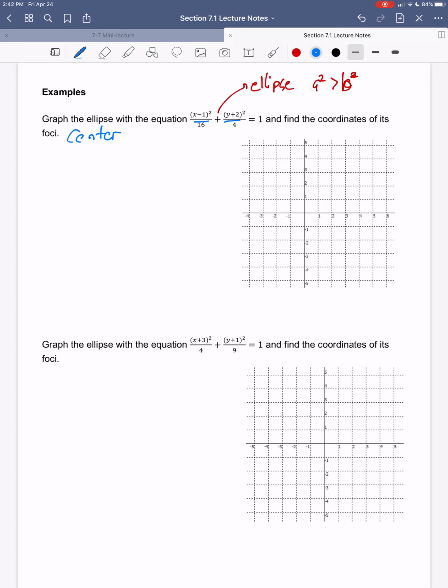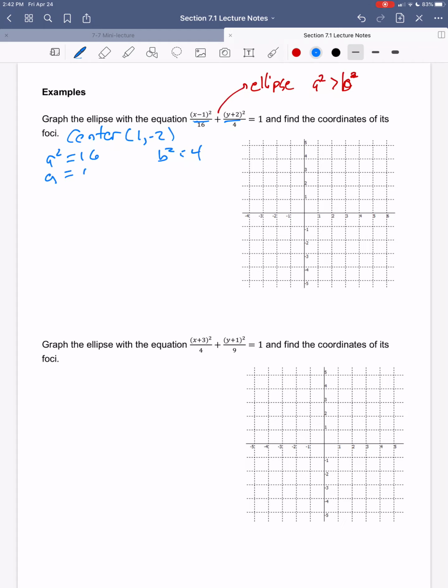And I have to sort of think, what would make those equal to 0? What would I have to put in for x to get 0? I'd have to put in 1. 1 minus 1 would be 0. What would I have to put in for y to make this 0? Well, I'd have to let y equal negative 2. So that's my center. My a squared is 16. My b squared is 4.